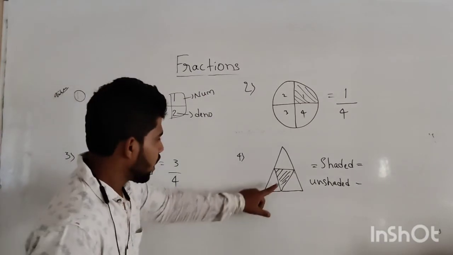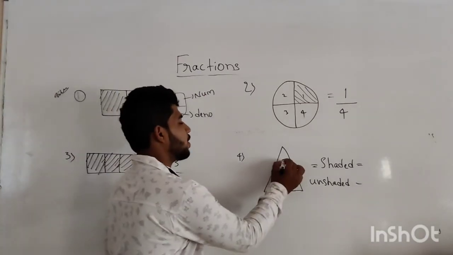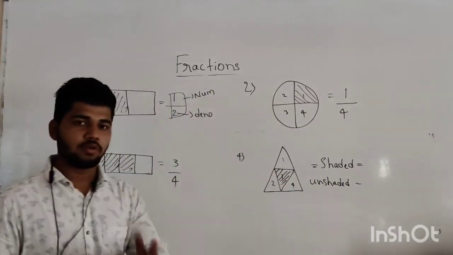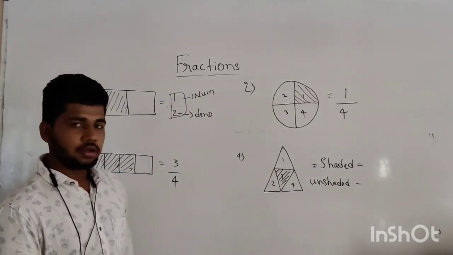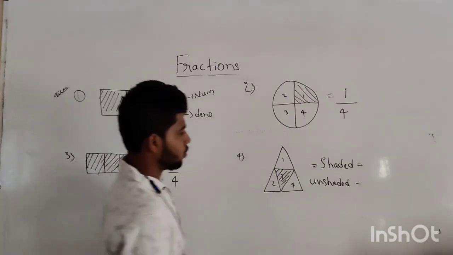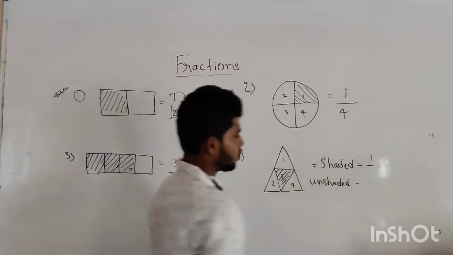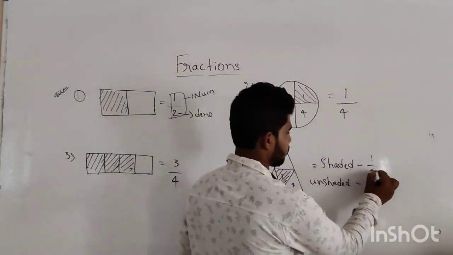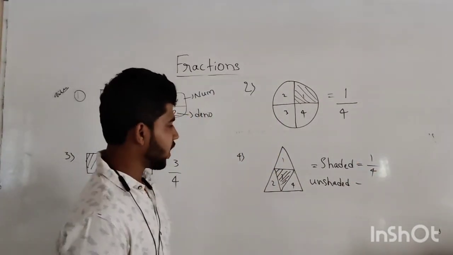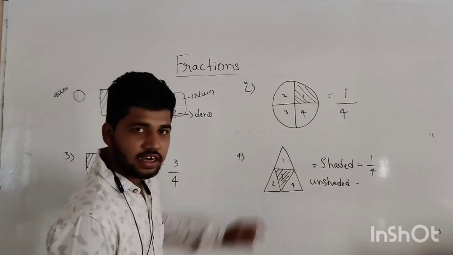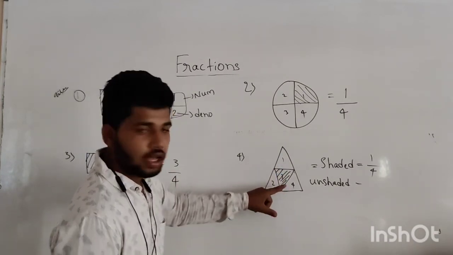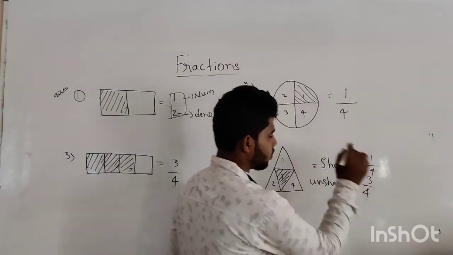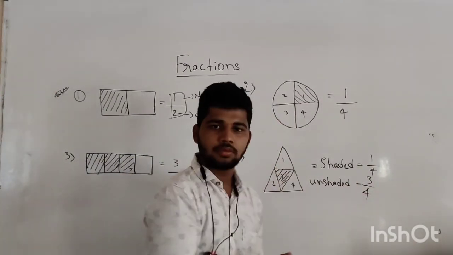The total number of parts in the triangle is 1, 2, 3, 4. Only one part is shaded, so 1 by 4. And the unshaded part: 1, 2, 3 are remaining, so 3 by the total number of parts, 4.